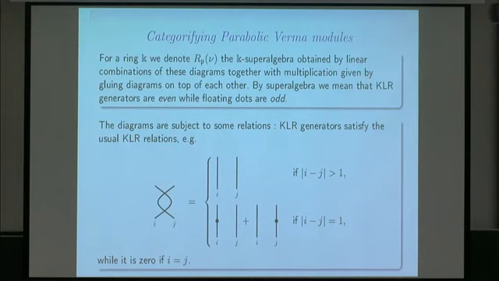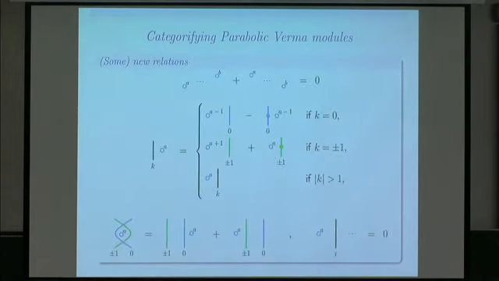Okay, now we impose relations. We want to extend the KLR algebra. So let's impose the KLR relations on the KLR generators. If you don't have floating dots, nothing changes. Just the usual KLR algebra. But relations involving floating dots change things drastically. Now, the first relation says that floating dots anticommute.